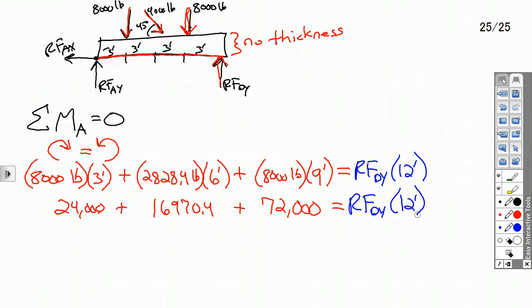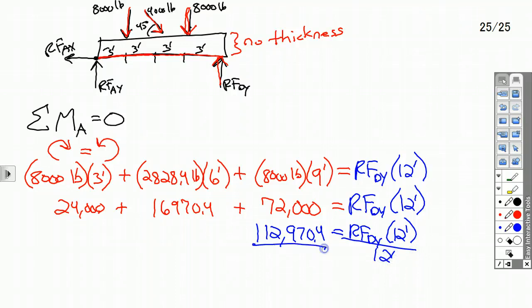So 24,000 plus 16,970.4 plus 72,000 gives me 112,970.4 equals RF dy times 12, and we divide both sides by that 12 feet.